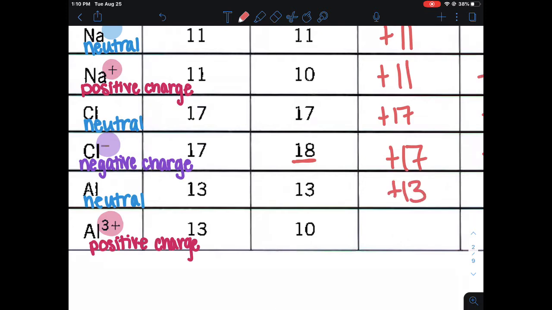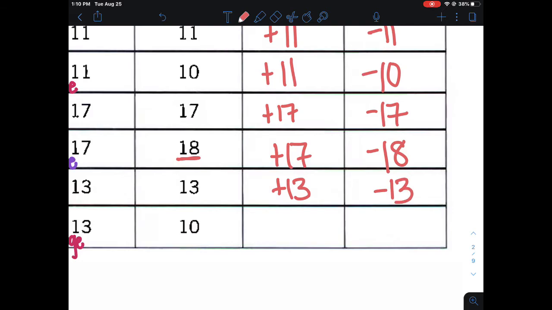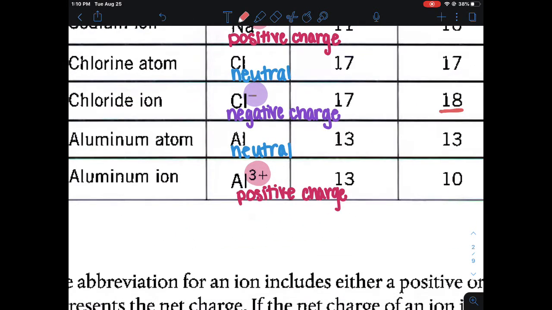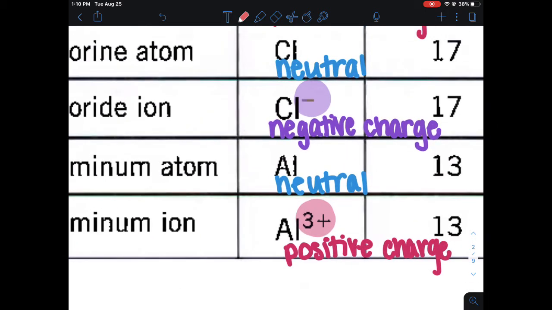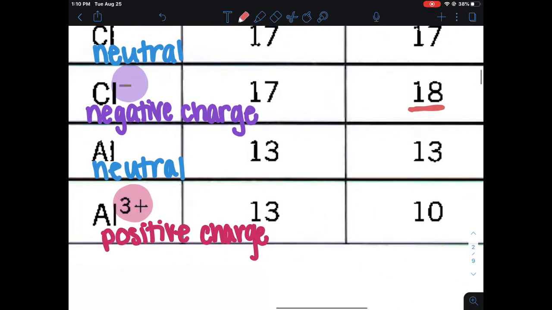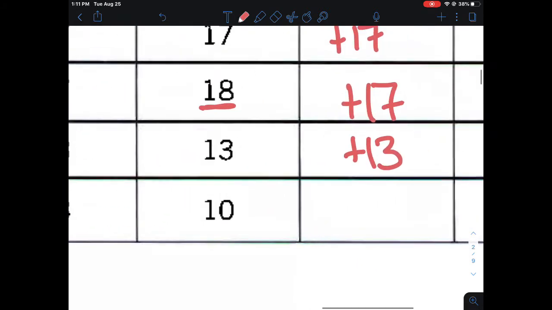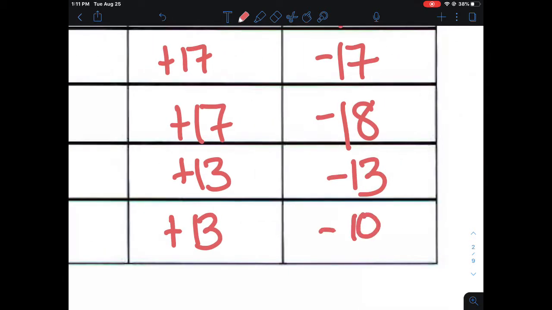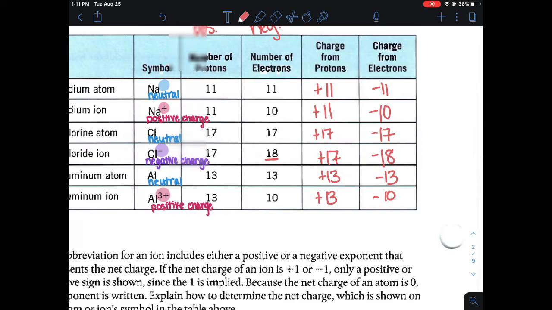So plus 13, minus 13. And then the last one is different than the rest of them. Aluminum ion. Now notice that the charge is 3 plus. So it means that there's 3 more positives than there are negatives. So 13 and 10. So we've got plus 13 and a minus 10. Hopefully you didn't find that too overly difficult.